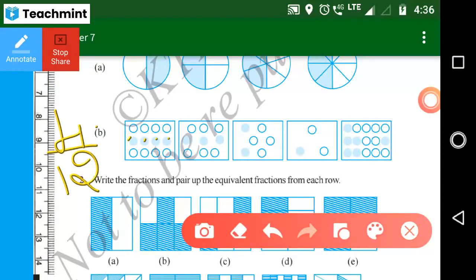Yes, good. Mahantesh, second one. Yes, ma'am. 3 by 9. Very good. Yuvraj, third one. Ma'am, I cannot see the third one because of the camera.